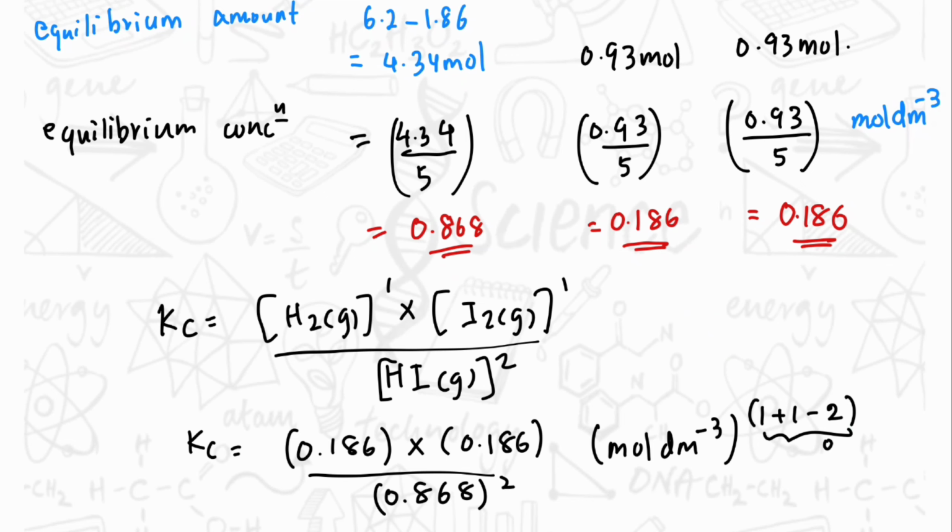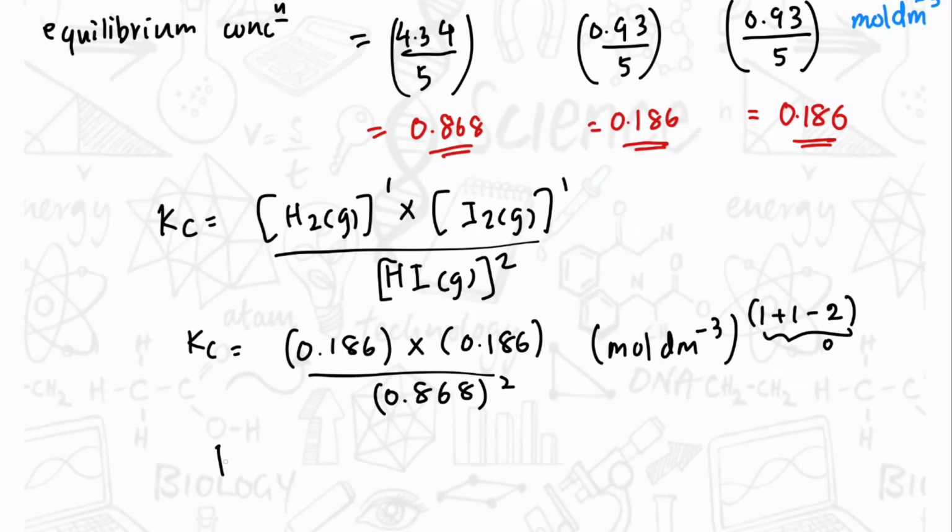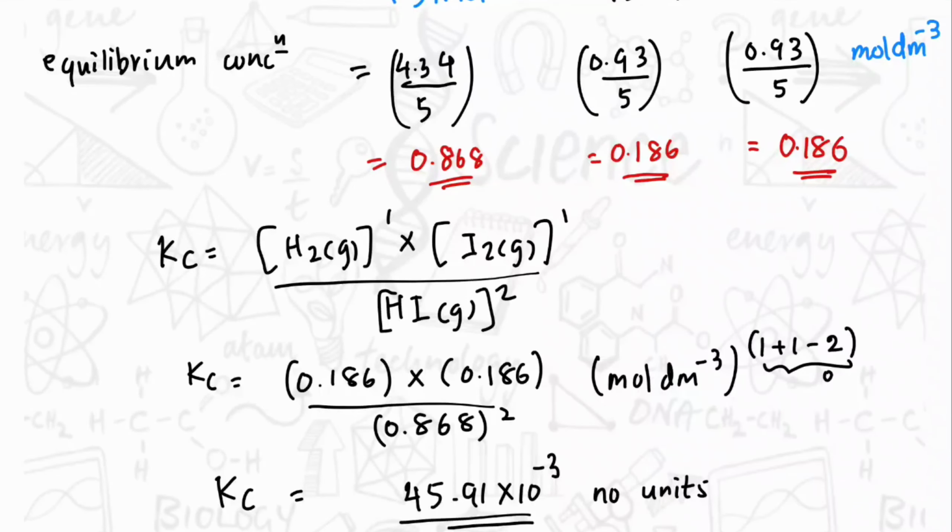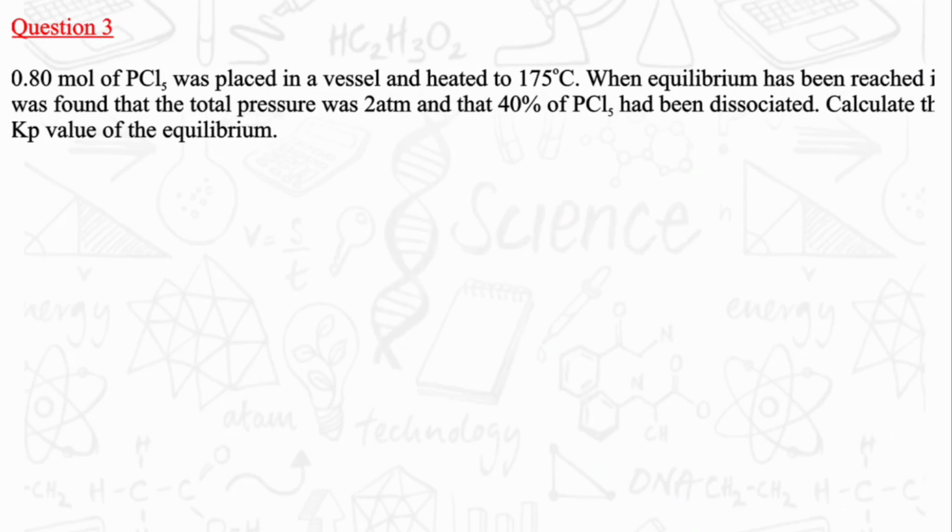So this will be 0. Therefore, we don't have any units for this Kc expression. And if we simplify this value, we get 45.91 into 10 to the power minus 3. Now let's move on to the next question.